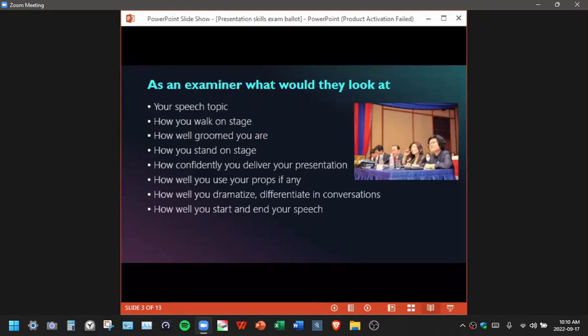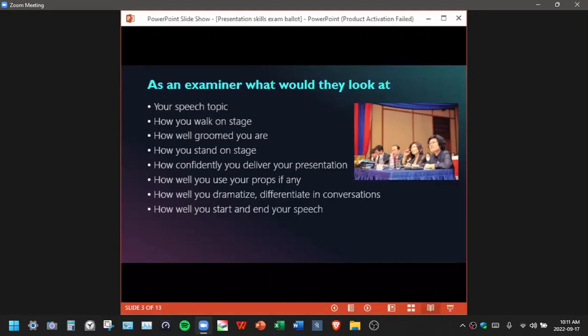So we have discussed the meaning of props. It can be a material, some kind of thing. You can even use PowerPoint, but it's not mandatory. Even if you use PowerPoint, that will also be considered a prop.